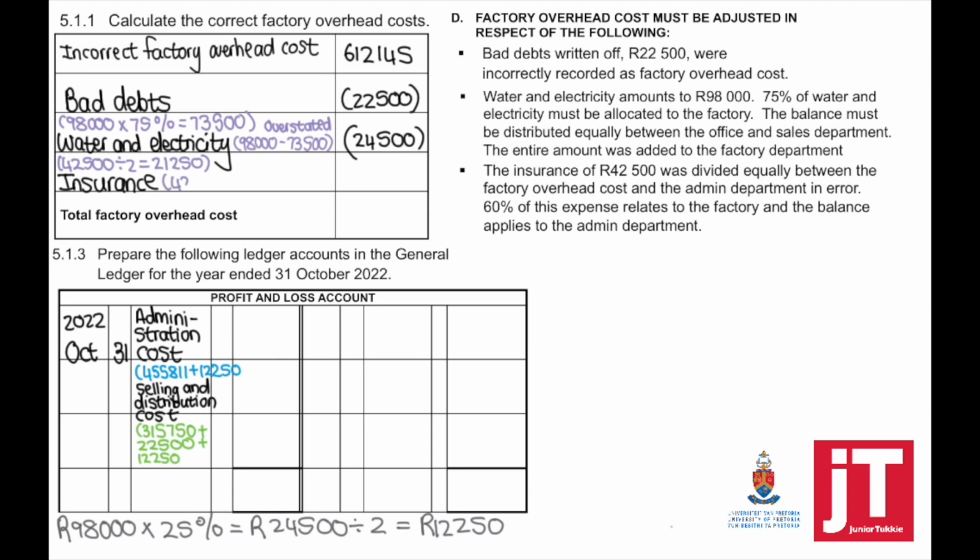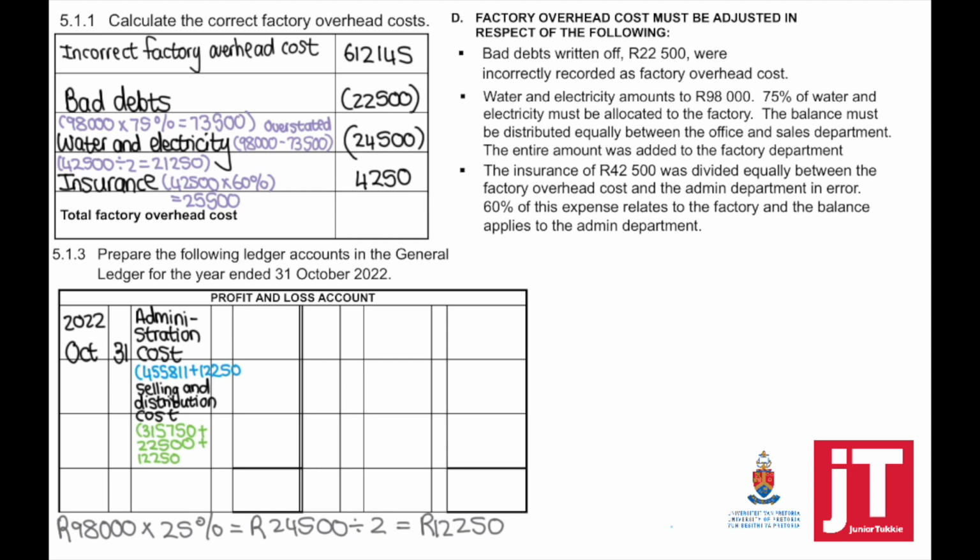But this was done incorrectly. It should have been 60%, which means the amount should be 25,500 instead of 21,250. Now we have actually understated the amount, which means that we need to just add the difference so that we can make the correction. So 4,250 must be added.